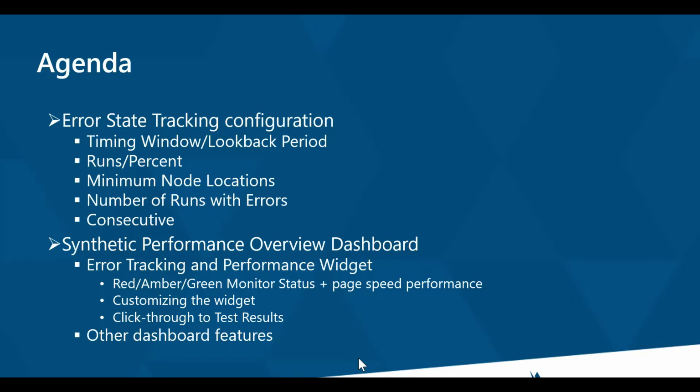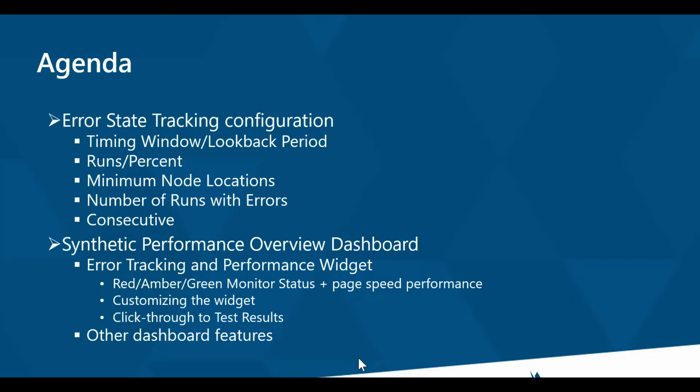Now, on the synthetic performance overview dashboard, the primary widget we'll be discussing is called the error tracking and performance widget. This gives you a red, amber, and green monitor status bar next to each of the monitors, along with a little trend of page speed performance. There are also a couple of cool customizations you can make to the widget to suit your needs.